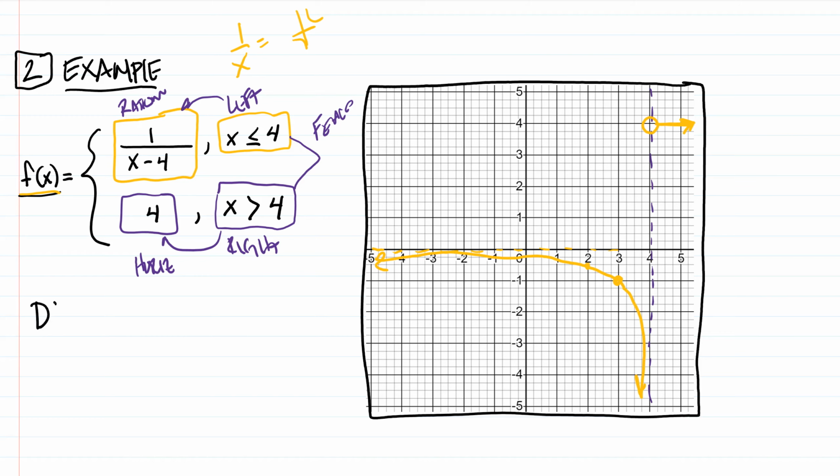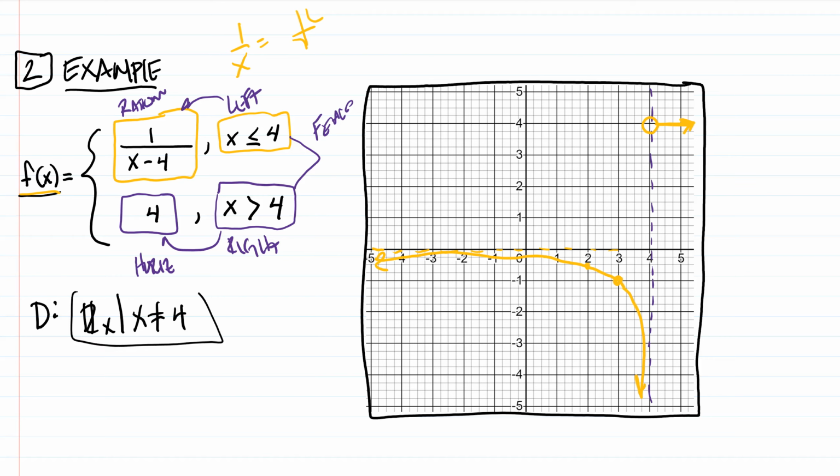Okay? So we need to talk about the domain and the range here. So the domain of this guy is all real numbers, x, such that x does not equal the number 4, because clearly right here there's a vertical asymptote, and this point is not a member of the domain because it says greater than.